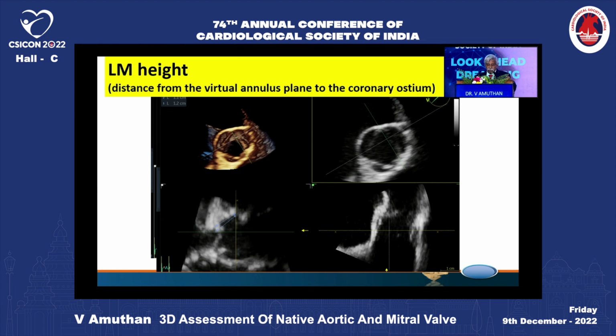This can be analyzed very easily by the flexi slice analysis, which I have shown you. Just place the center of the point. This center point has to be placed over this, and then you can move this cursor so that left main is measured, and then you can directly measure the height of the left main from the annulus.